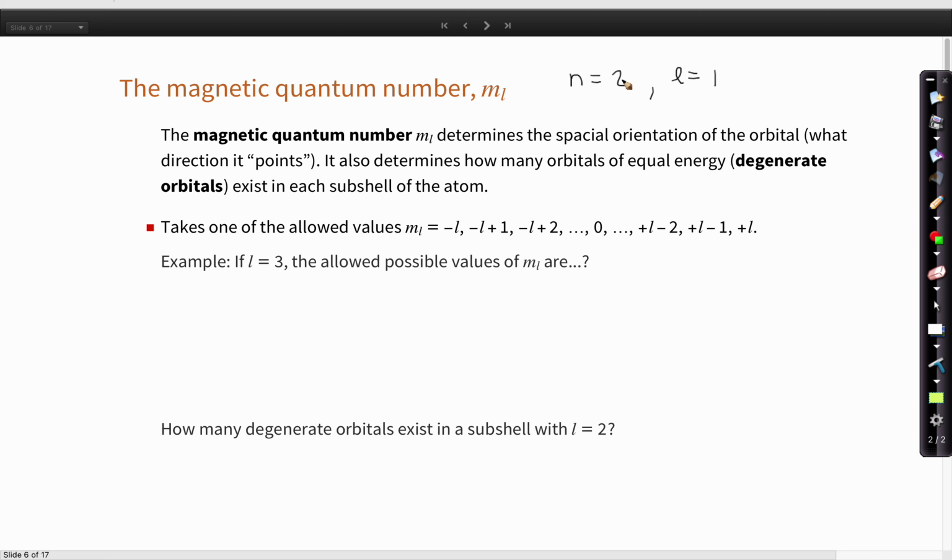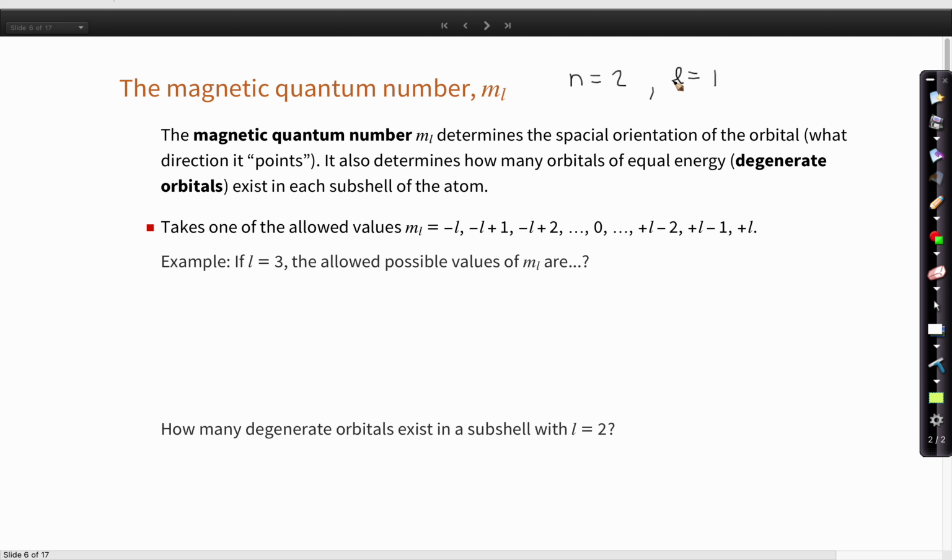We would call that the 2p subshell, since L equals 1 corresponds to a p orbital. And what this tells you is how many actual orbitals are there in that subshell. It could be 1, it could be 3, it could be 5. We're going to see that it's always an odd number.